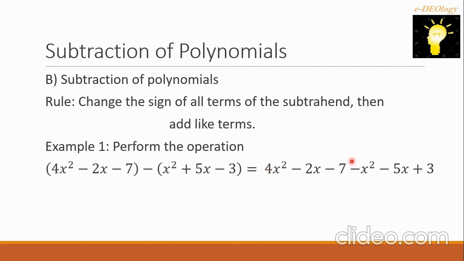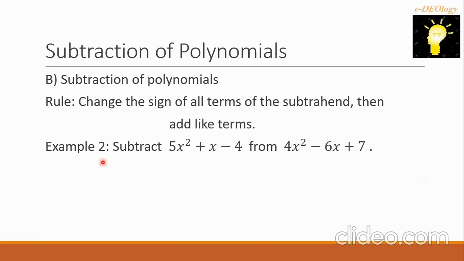There is a negative x squared here, so we can combine these two. We have 3x squared, and then the negative 2x. There is a negative 5x here. We will combine these two. We will get the negative 7x, and for the constants, negative 7, and there is a positive 3. So it is negative 4. So our final answer is 3x squared minus 7x minus 4.